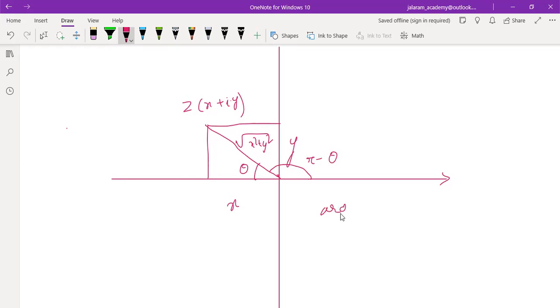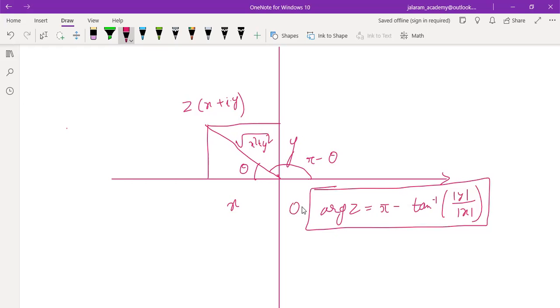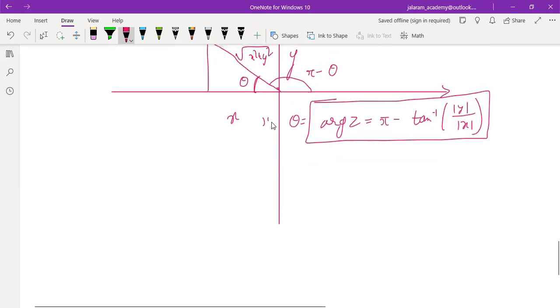So this time the argument of z will be obtained by pi minus theta, and theta we have already written as tan inverse of mod y by mod x. So this is the argument of z. Or we can also represent it by theta only, assuming that this is theta. Or we will write it as pi minus theta.